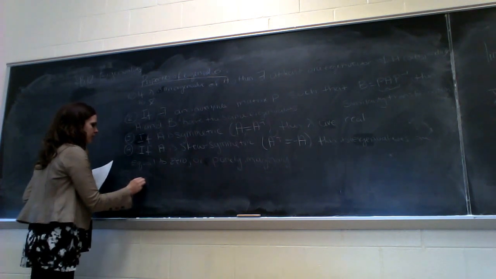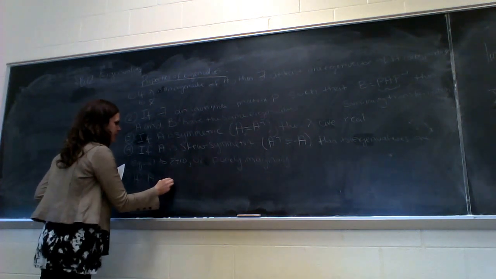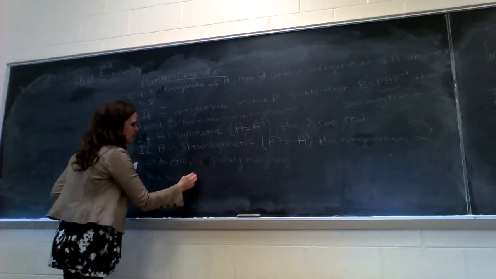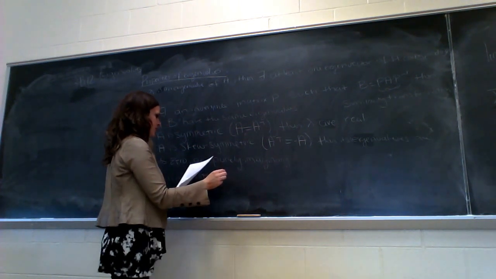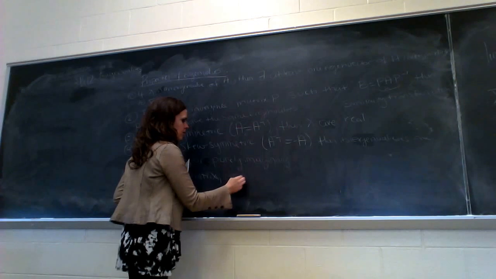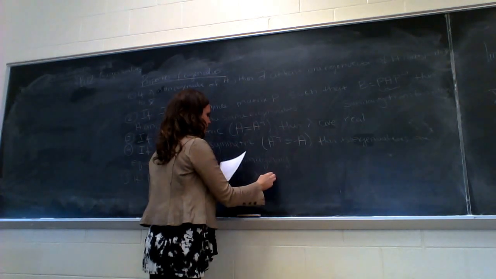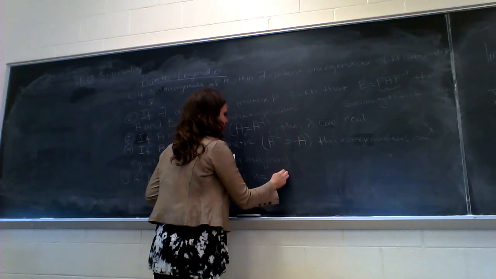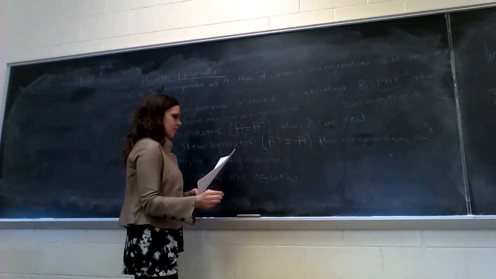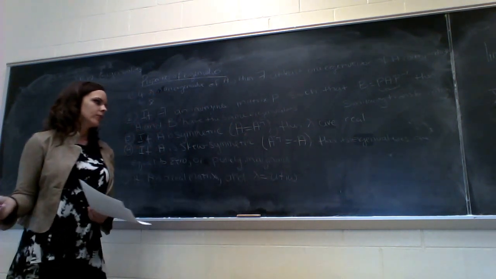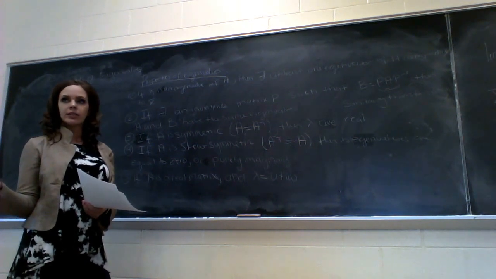So if A is a real matrix and we have an eigenvalue that is u plus i omega, then what do we know? We know we have at least one other eigenvalue, and what is that?